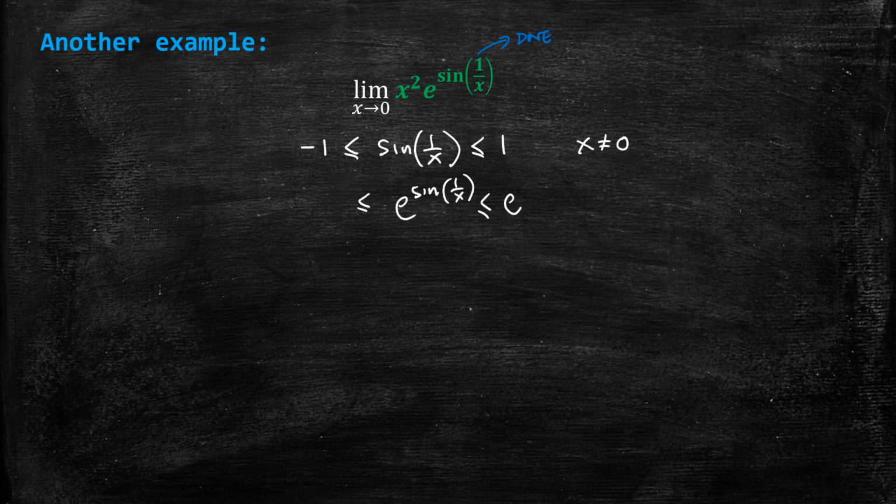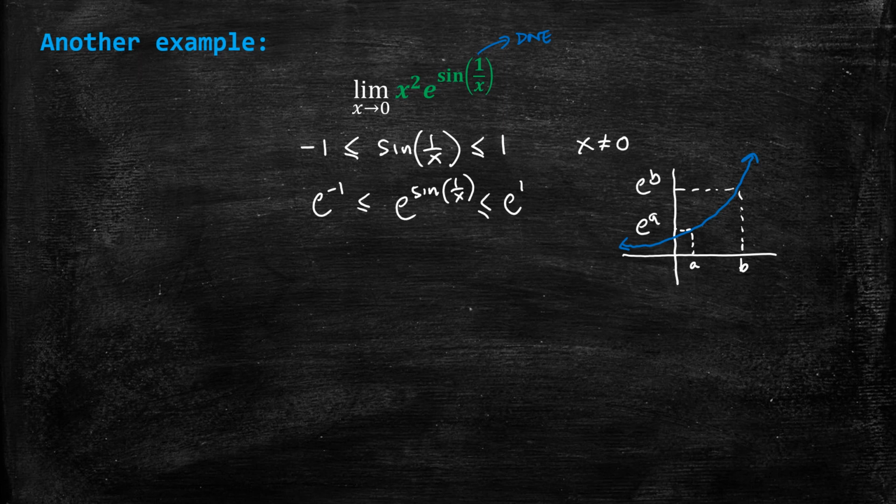Luckily we can raise e to the 1 on this side, e to the -1 on this side, and maintain the inequality. That is only because e to the x is a strictly increasing function, which means that if you have an input a that's less than b, then e to the a must be below e to the b.